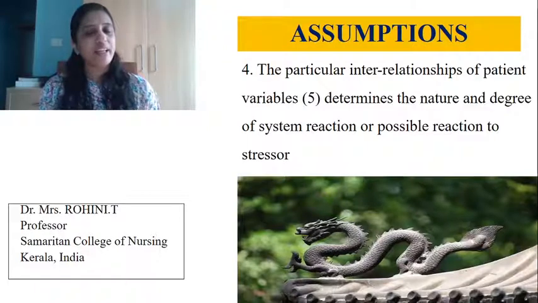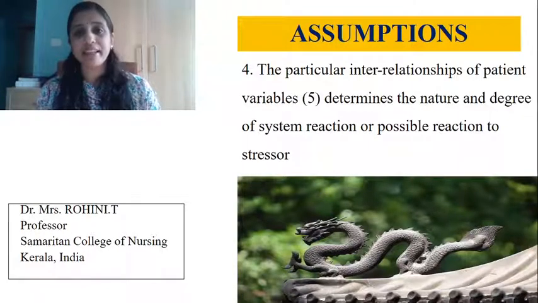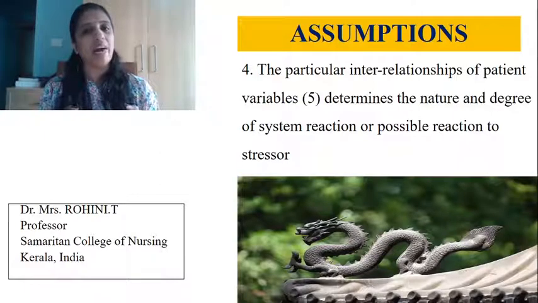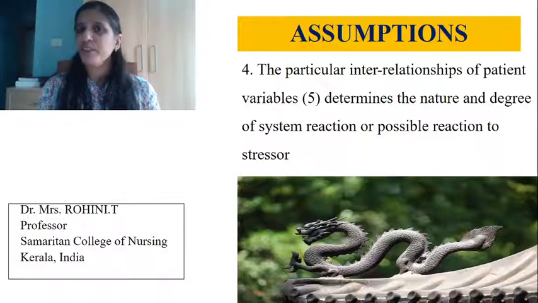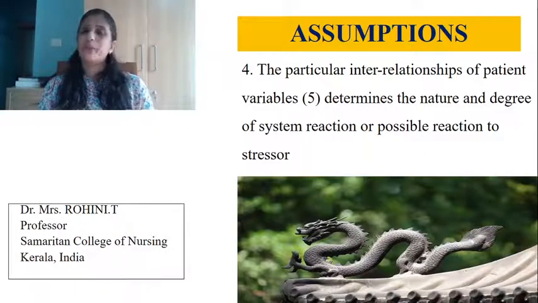So if your variables are very strong, you will fight and you can come back. If you have a good support system, good spirituality, a very good developmental process, and psychologically you're really very strong, then the degree of reaction will also depend on that.